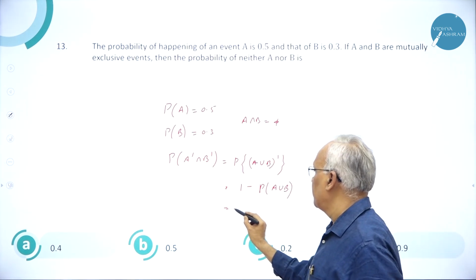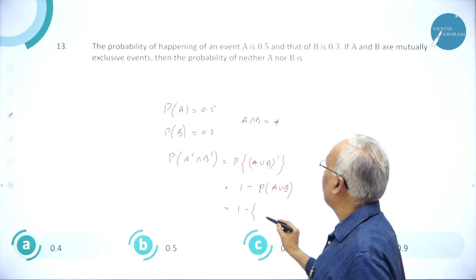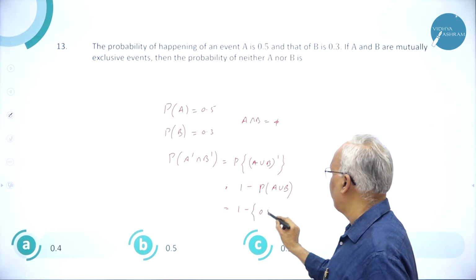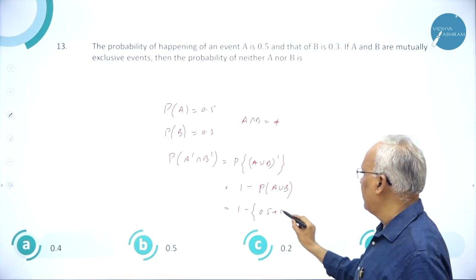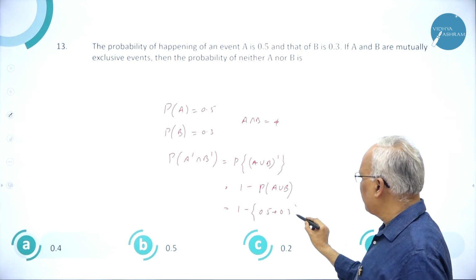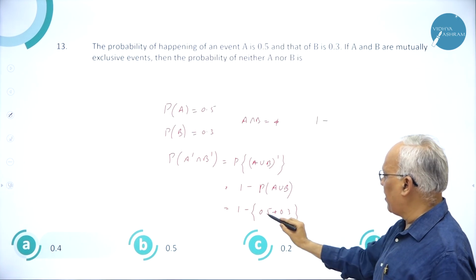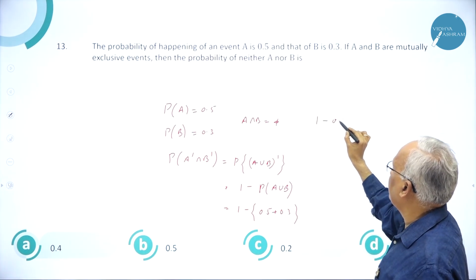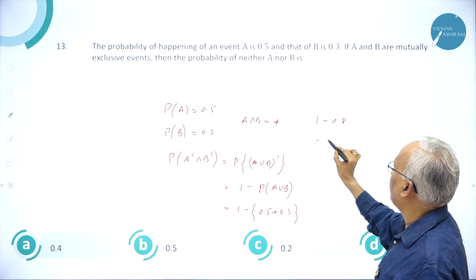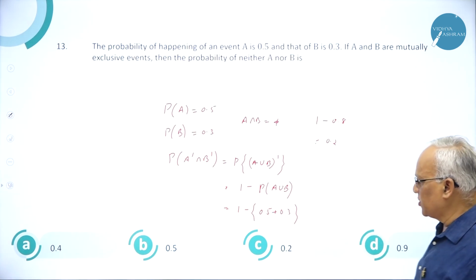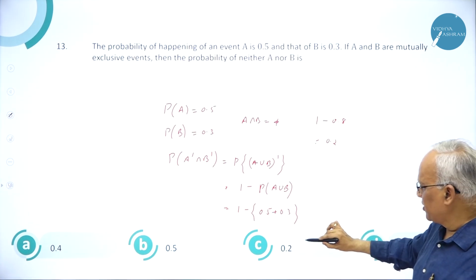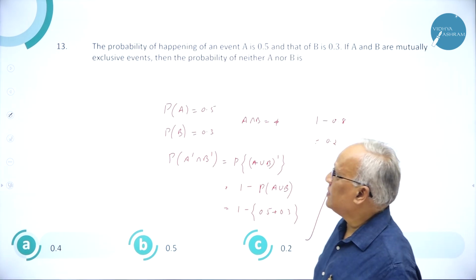So it is 1 minus (probability of A, 0.5, plus probability of B, 0.3). Don't write minus probability of A intersection B because it is 0. So it is 1 minus 0.8, which is 0.2. So 0.2 is the answer. So answer is C. Next question.